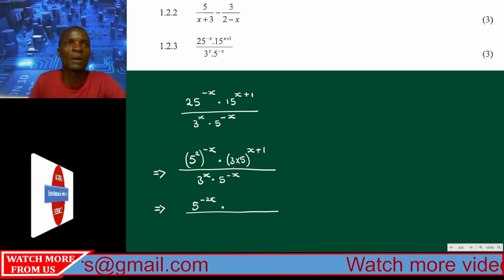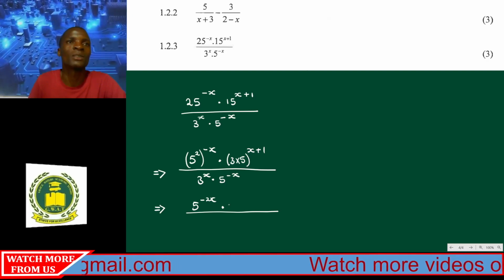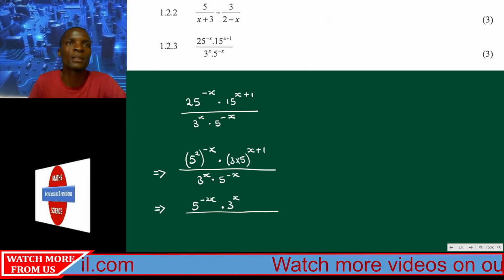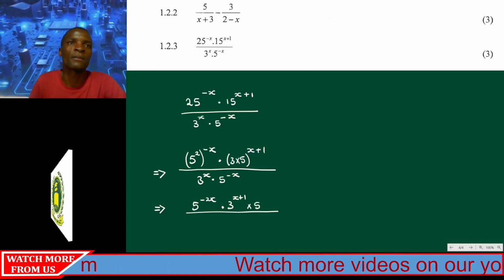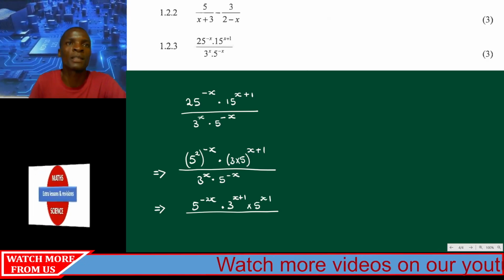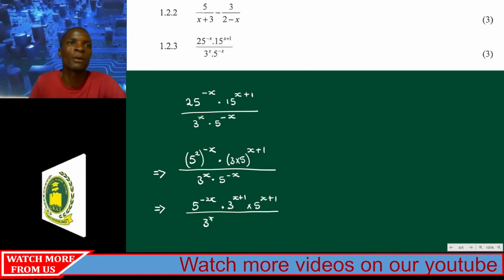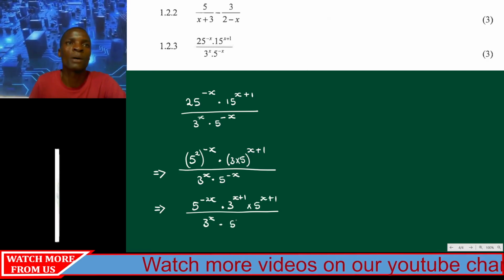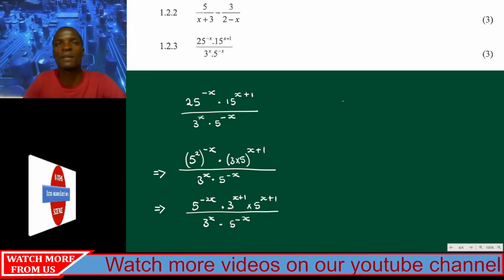So this is going to be 3 to the power of x plus 1 times 5 to the power of x plus 1, all over 3 to the power of x dot 5 to the power of negative x. Now let us look at how we advance it.